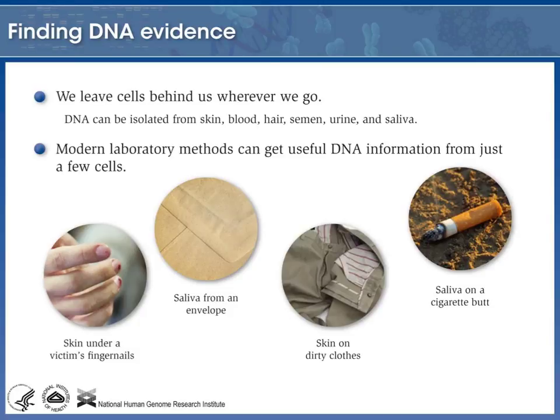There's all kinds of DNA. In fact, you'd be surprised: you could try to clean up after yourself and you would still leave thousands of cells of DNA wherever you were.